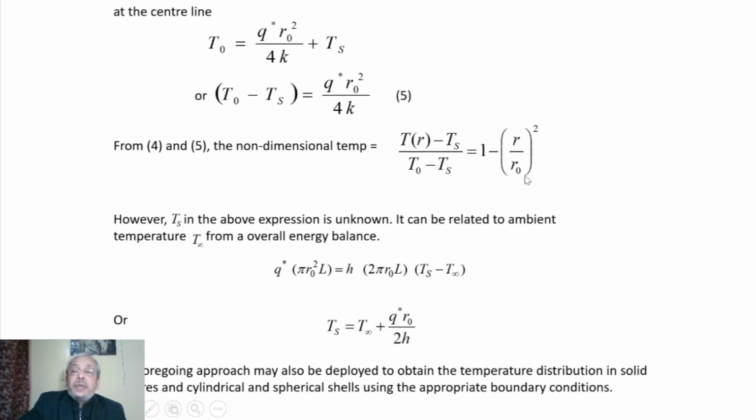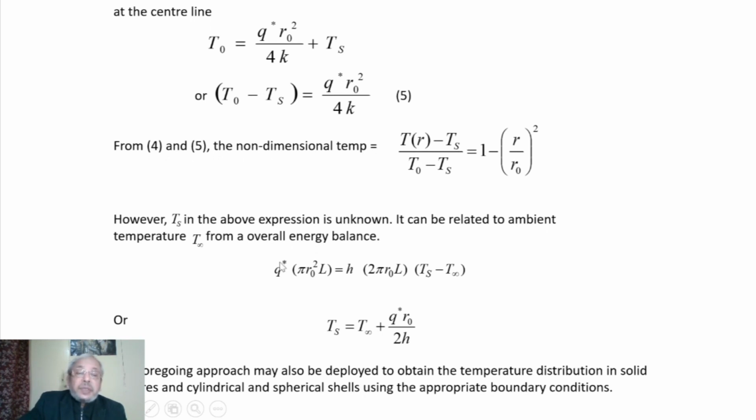How it varies with radius is clearly indicated by this expression. However, Ts in the above expression is unknown. It can be related to ambient temperature T infinity from an overall energy balance.